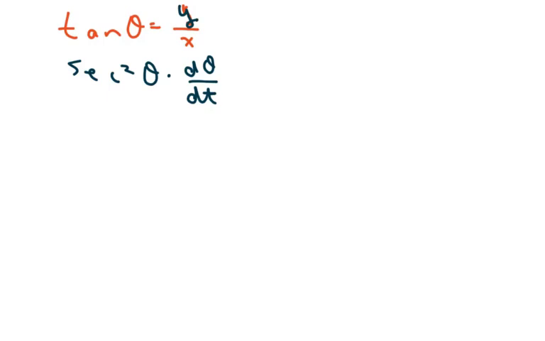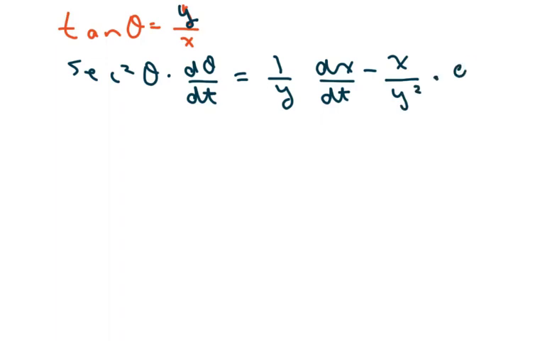This is going to equal 1 over y times the derivative of x with respect to time minus x over y squared times the derivative of y with respect to time.